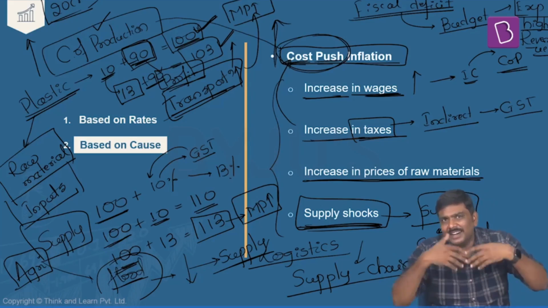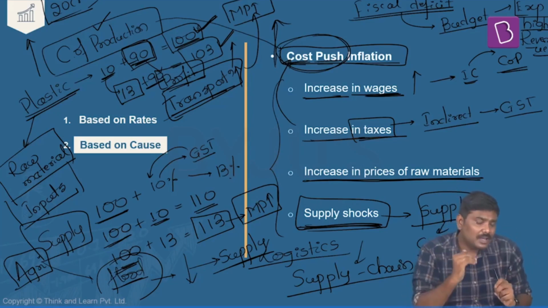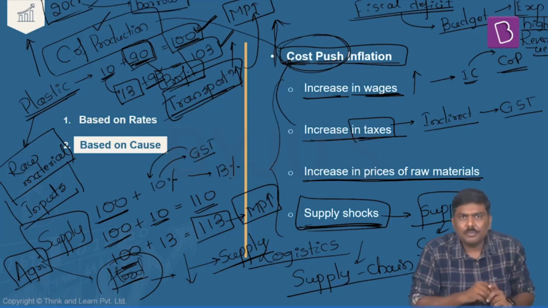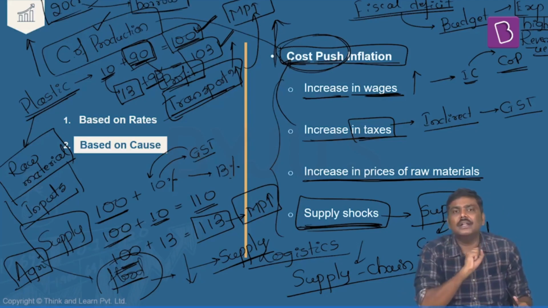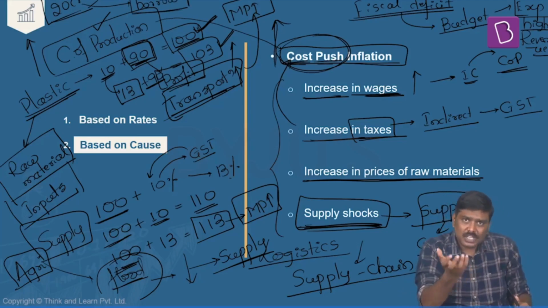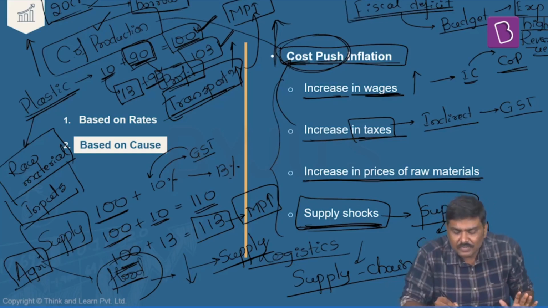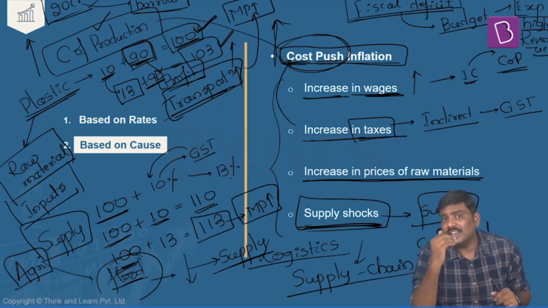Because if you're spending 100 crore and collecting 80 crore, you will have to get this 20 crore somehow. So what does the government do? Government will borrow this 20 crore rupees from the market. So when government borrows this 20 crores, this borrowing is called fiscal deficit.